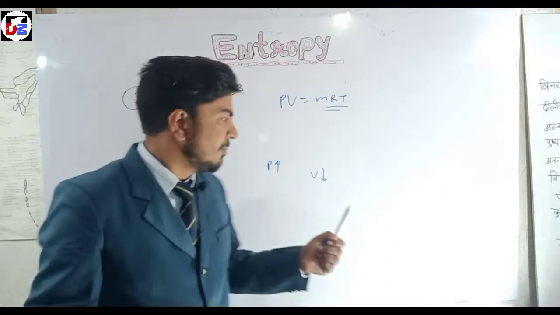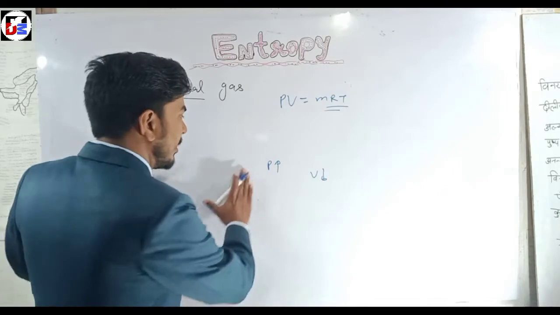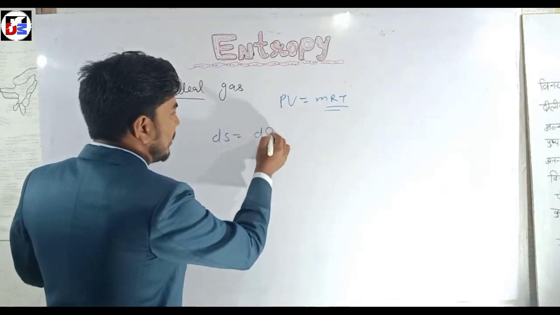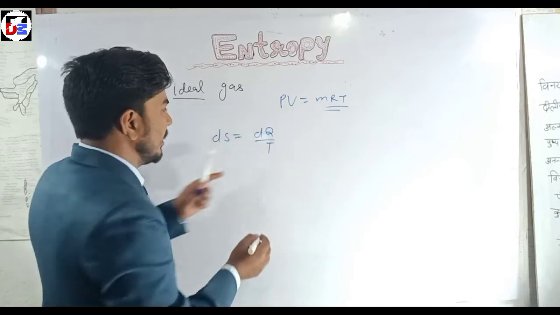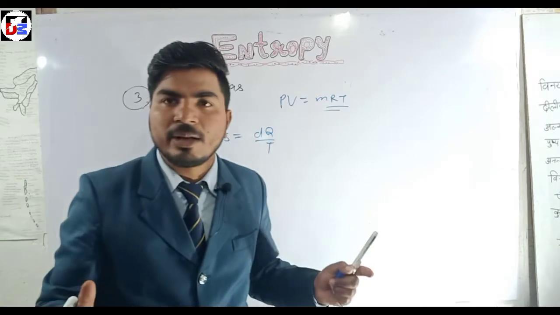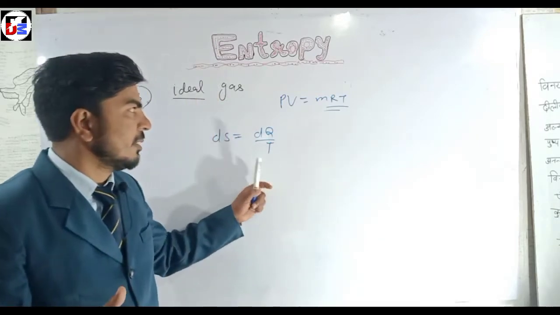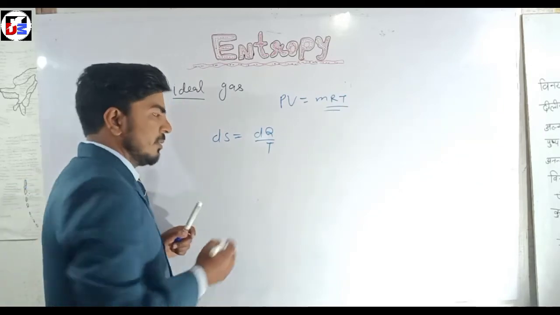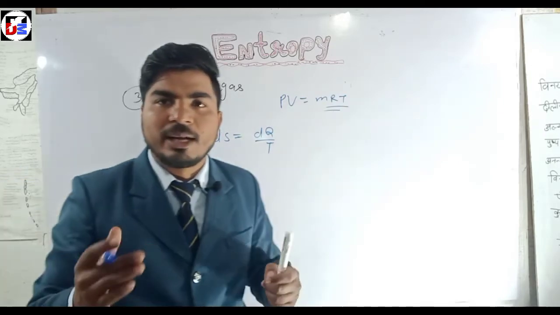So I apply the previous formula, that is dS is equal to dQ by T. Here temperature is a function of heat. This is not a reservoir, so temperature is not fixed because all values are variable. So we use the first law of thermodynamics.